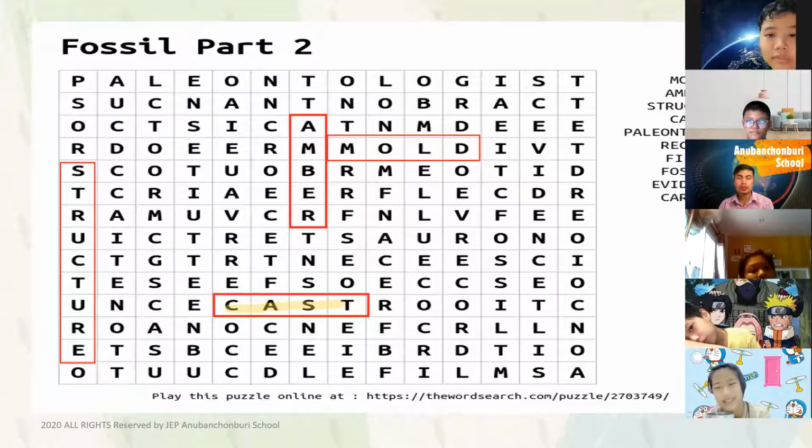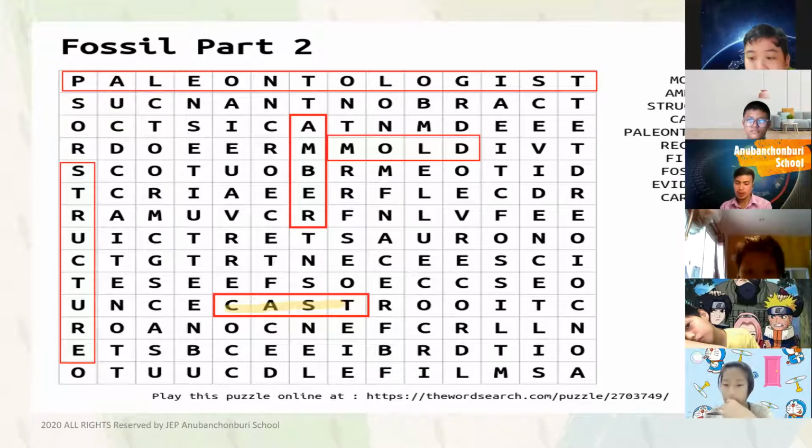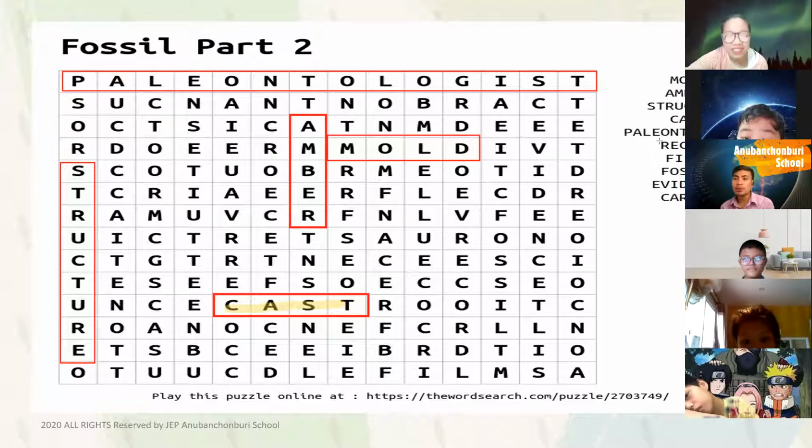Paleontologist, 14 letters. What is the longest word that you know? Okay, thank you. Now let's proceed to the next one. Please remember the word paleontologist. That might be one of the longest words that you will know.